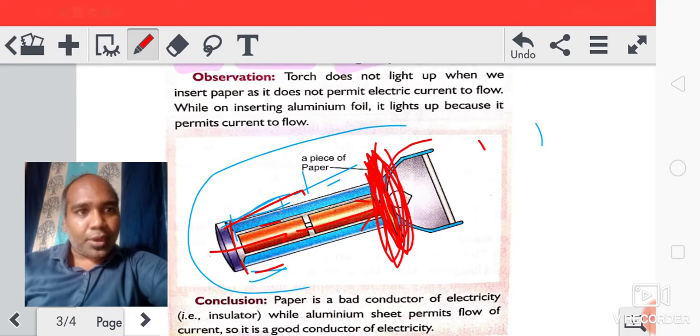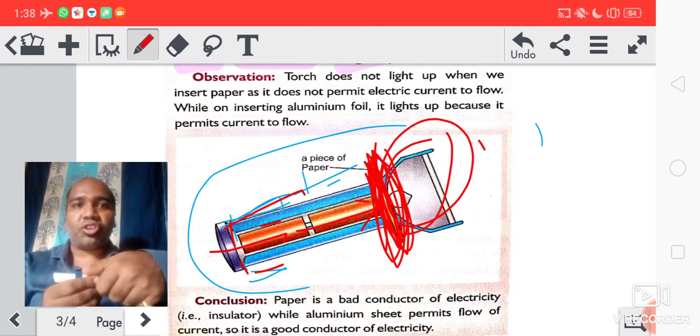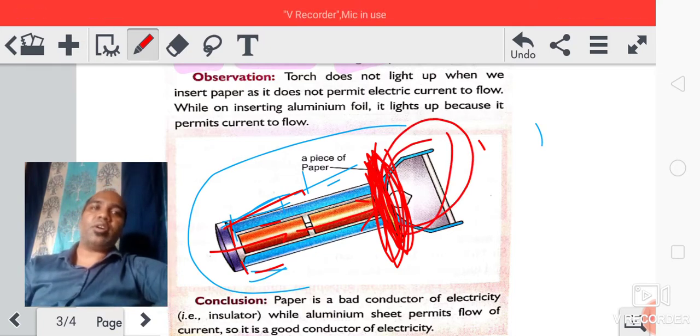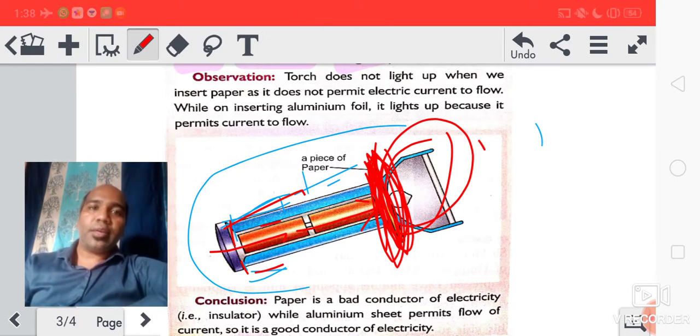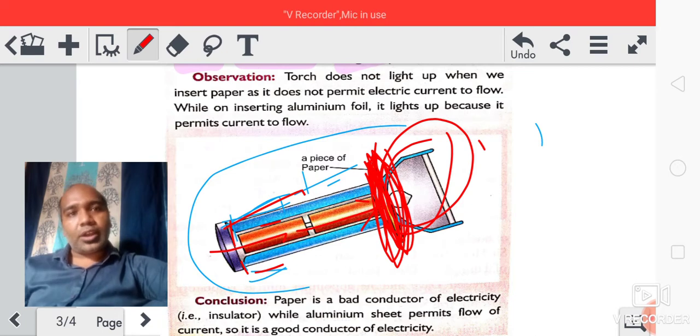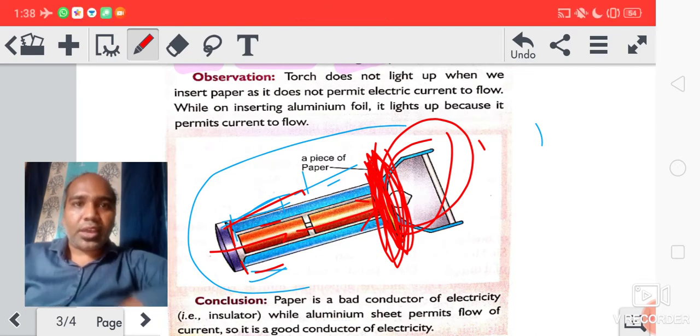So this bulb will light. When you switch it on, this bulb will light, because copper will allow the current to pass through it, because copper is a good conductor of electricity as well as aluminum.